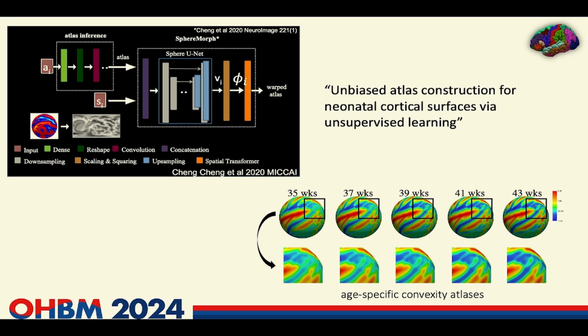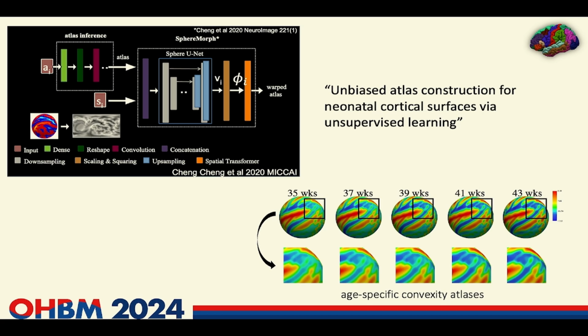But one of the things that we were interested in doing is creating an unbiased atlas from a neonatal population using cortical surfaces via unsupervised learning. Here I'm showing you another deep learning-based framework, and in the bottom right, age-specific convexity atlas representations at various ages.